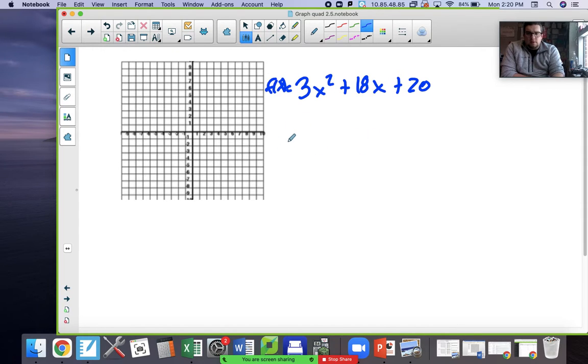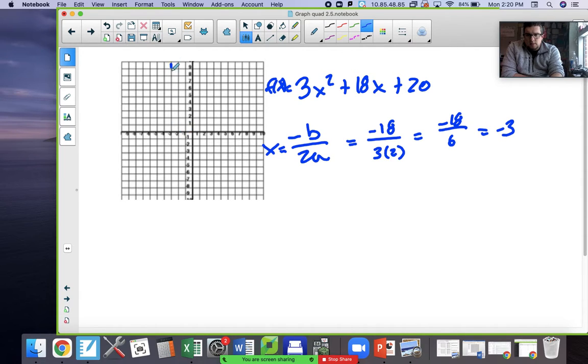All right, first thing, we're going to find our axis of symmetry. So we're going to take negative b all over 2a. That gives us negative 18 all over 3 times 2. That gives us negative 18 over 6, which is negative 3. So here's our axis of symmetry. Find a vertex, we're going to plug that in.